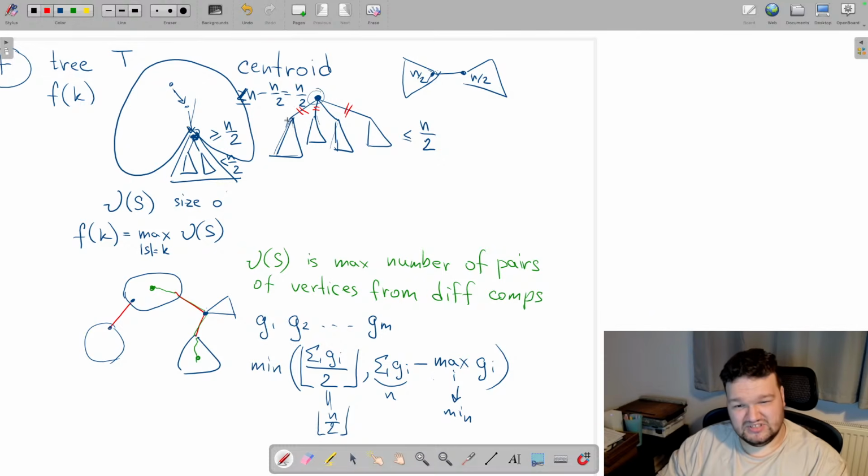All the components other than the one with the centroid are smaller than n over 2, so if there's a maximum, then this thing is greater than n over 2, and the answer will be just n over 2. So we just need to maintain the size of the component of the centroid and print the minimum of n over 2 and n minus the size of the component of the centroid.